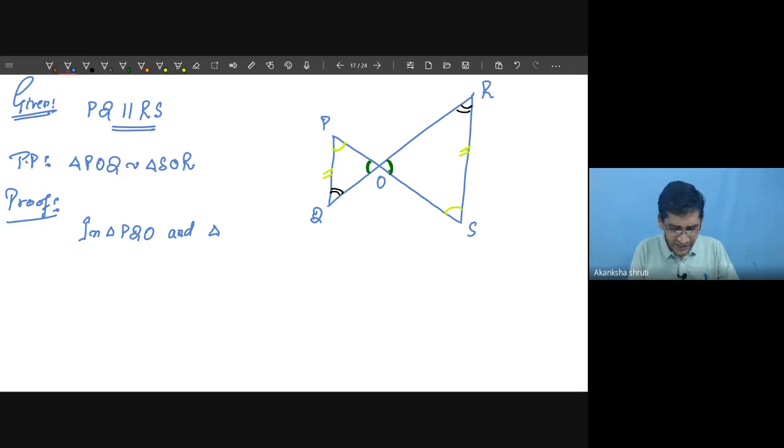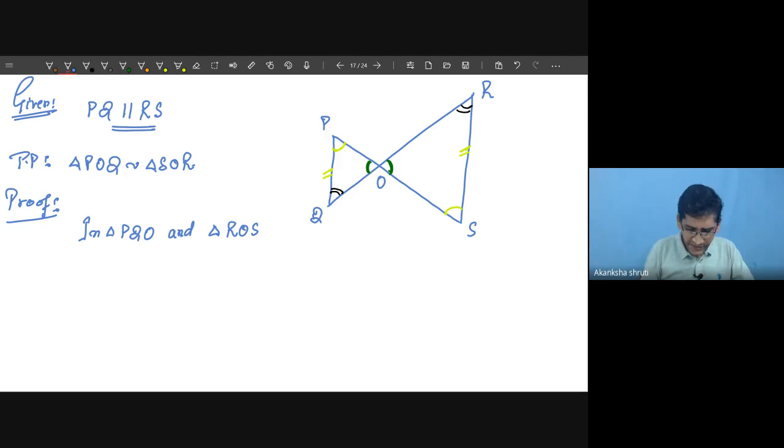Whether you are taking triangle SOR or ROS, that is okay, because here we are not writing the similarity that we will conclude at the end. At that time, matching of corresponding vertex or order of corresponding vertex are important. So write it. So take the triangle ROS.